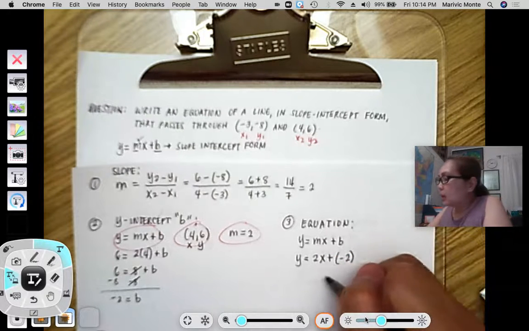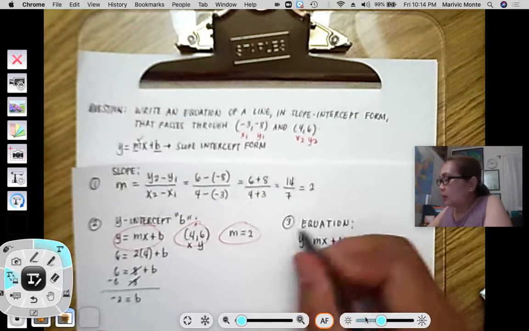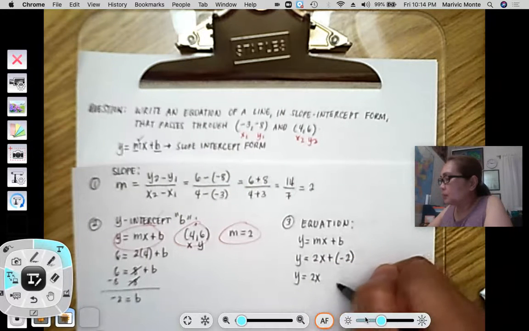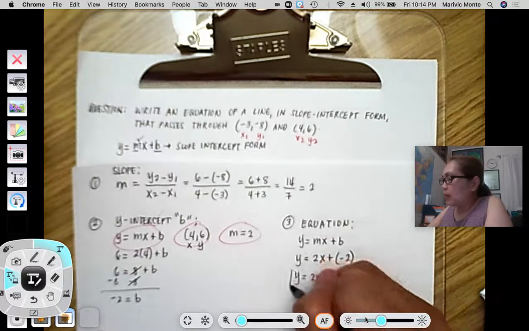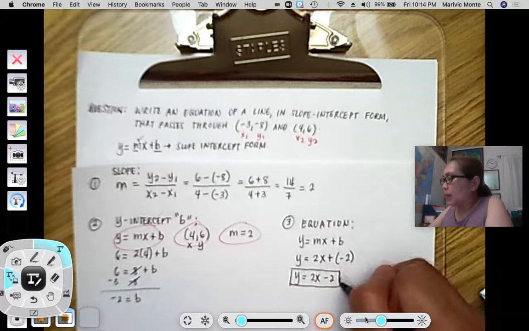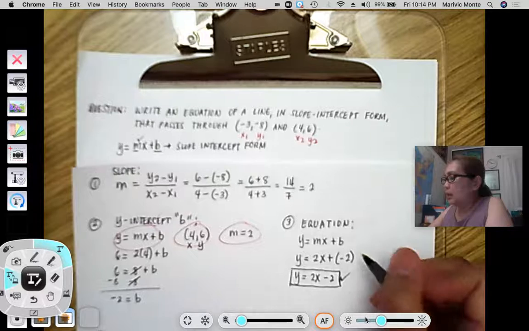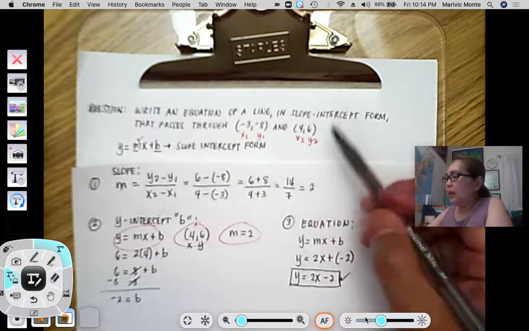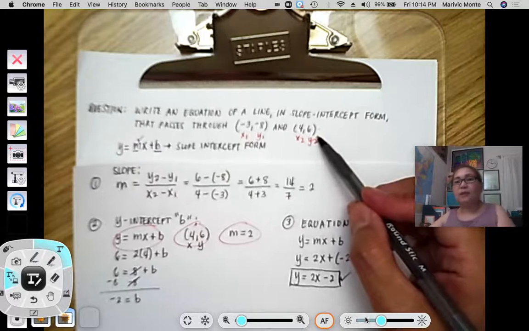And simplifying this part, I end up having y equals 2x minus 2. And this is the equation I'm looking for. So that is the equation of the line that passes through the points -3, -8, and 4, 6.